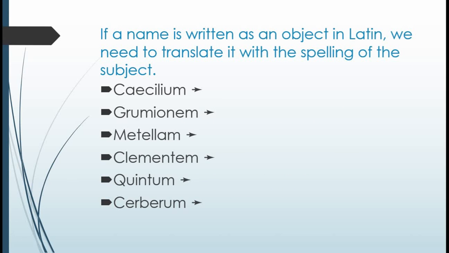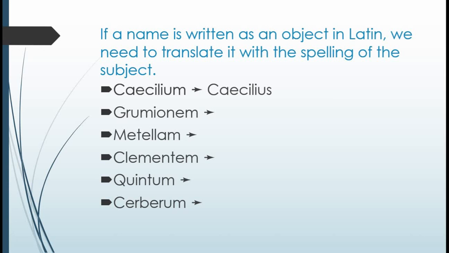If a name is written as an object in Latin, we need to translate it with the spelling of the subject. This one sounds a bit complicated until you see what I mean. So, Caecilium, for example, never translate it as Caecilium, because that's not Caecilius's name, is it? We all know what Caecilius's name is by now.